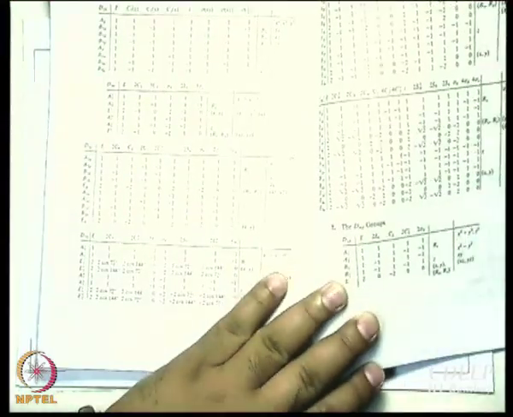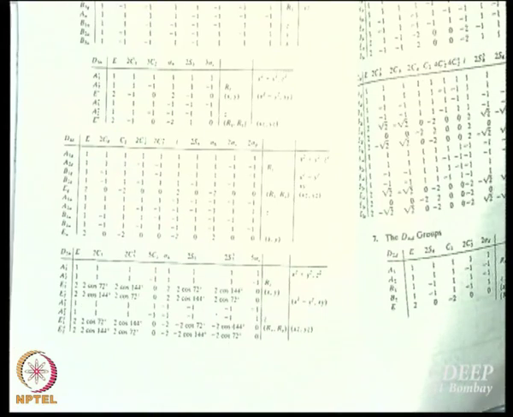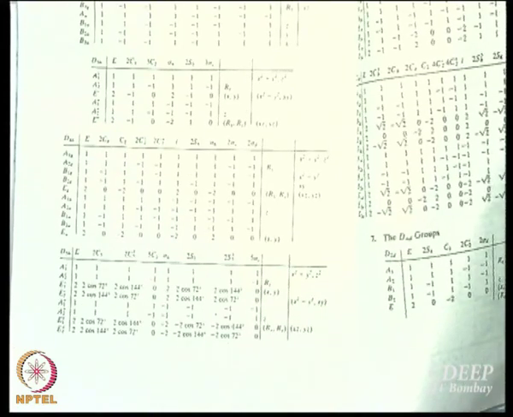Next is B1G. In B1G, we have to be careful because signs will also change, isn't it? Because all characters are not plus 1. Don't forget, it is a character multiplied by symmetry operation. B1G, first one is 1, second one is minus 1.